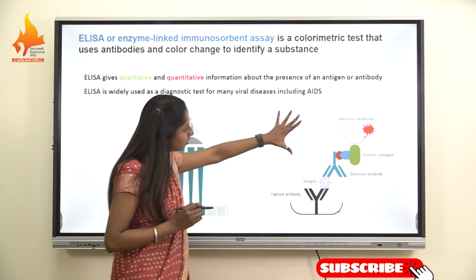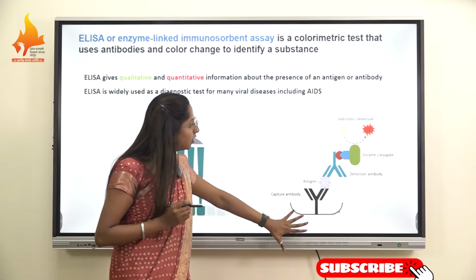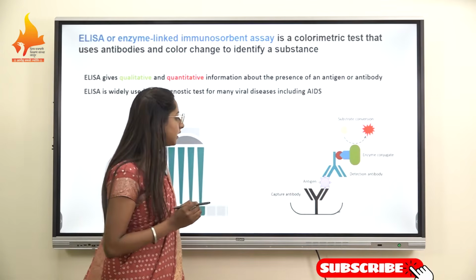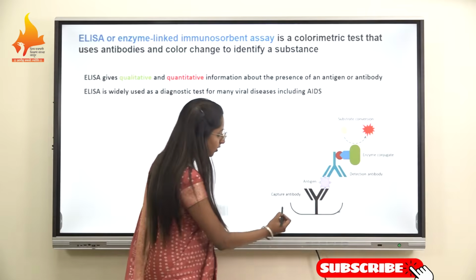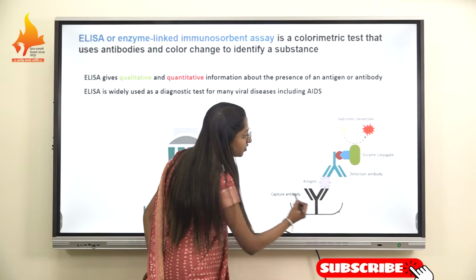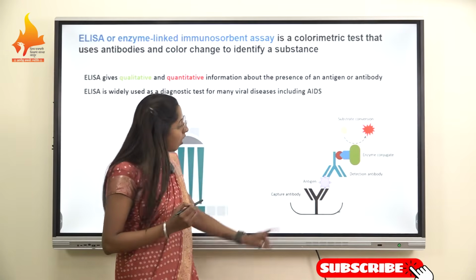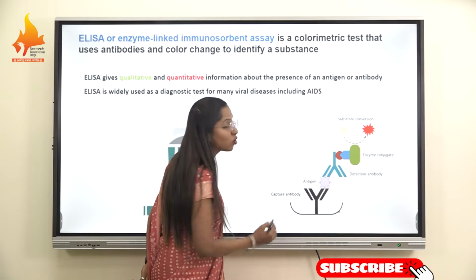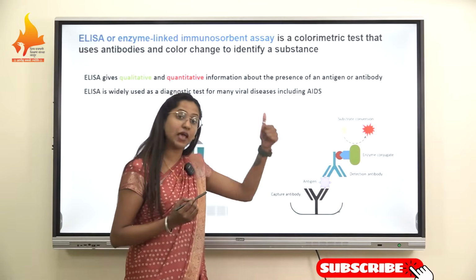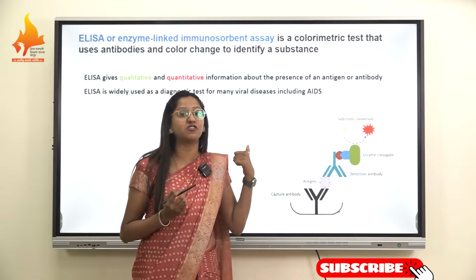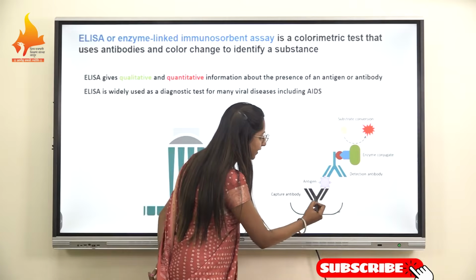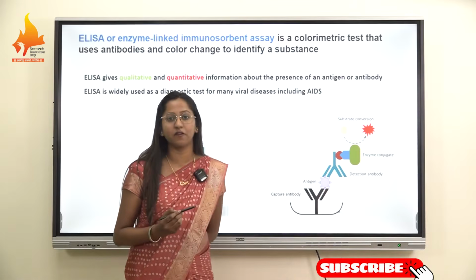As you can see here, this is the basic diagram of the principle representing the basic ELISA technique. Here, this particular shape represents a well. On that well, an antibody is coated. As we have seen earlier about the adsorption process, this particular antibody is coated inside a well.